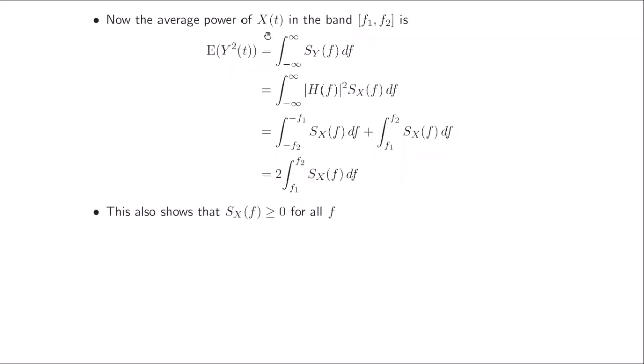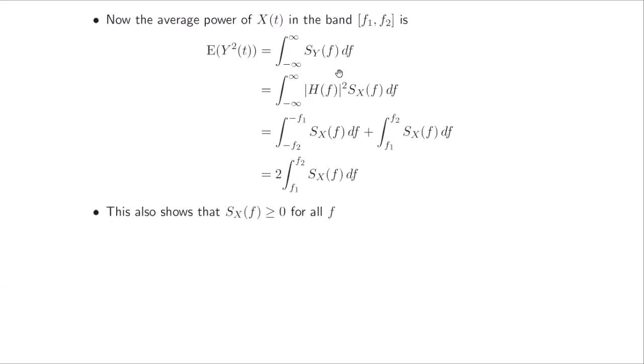So the average power of Y(t) is E[Y squared(t)], which is nothing but the integration of the power spectral density Sy(f) df from minus infinity to infinity. This is from the Fourier transform definition of Sy(f).